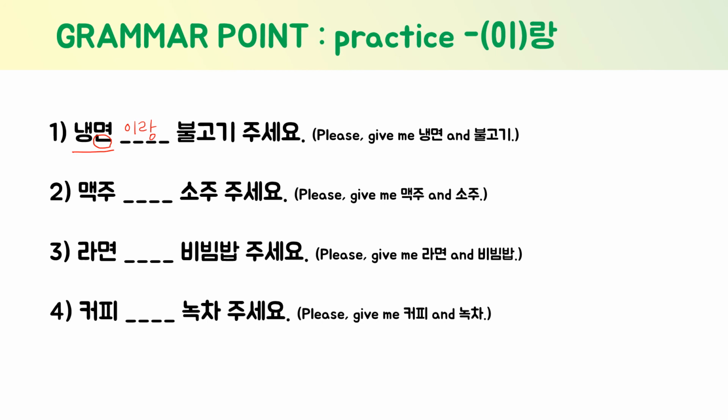Please give me 맥주 and soju. 맥주, the word ends with a vowel, so you add 랑. 맥주랑 소주 주세요. And please give me 라면 and 비빔밥. 라면, the word ends with a consonant, so you have to add which one? 이랑. So 라면이랑 비빔밥 주세요.